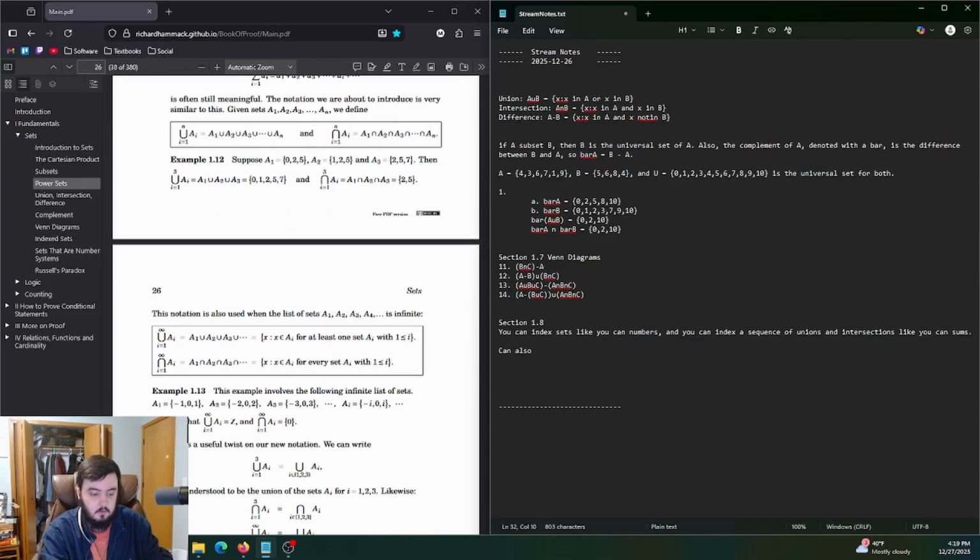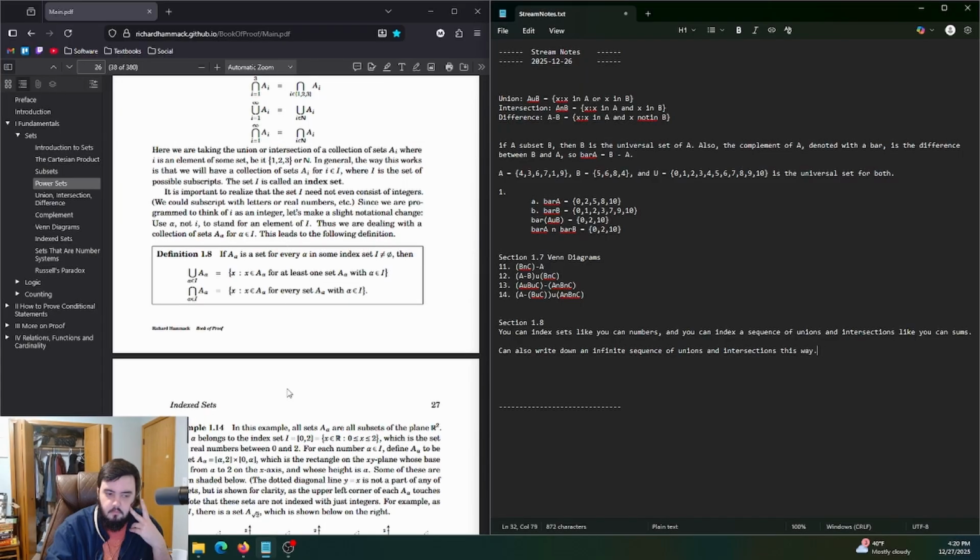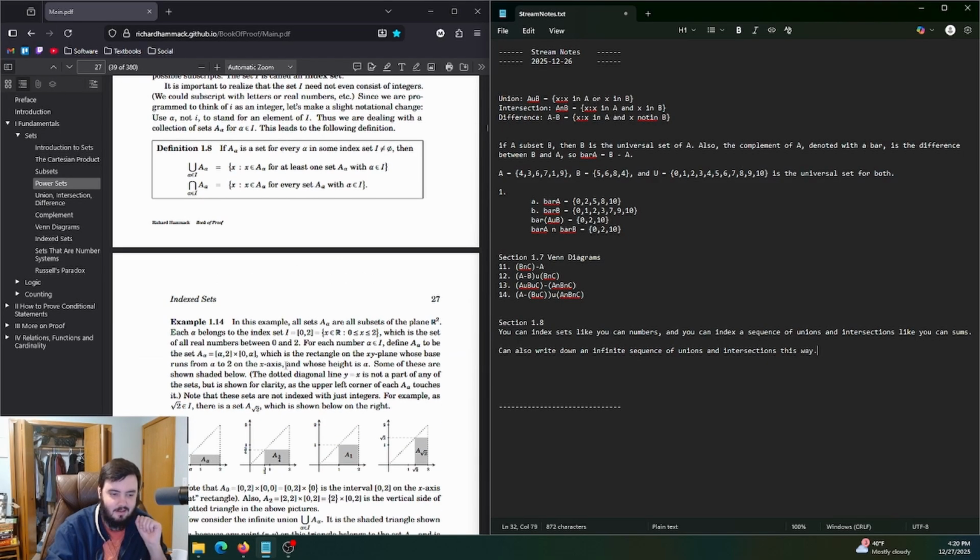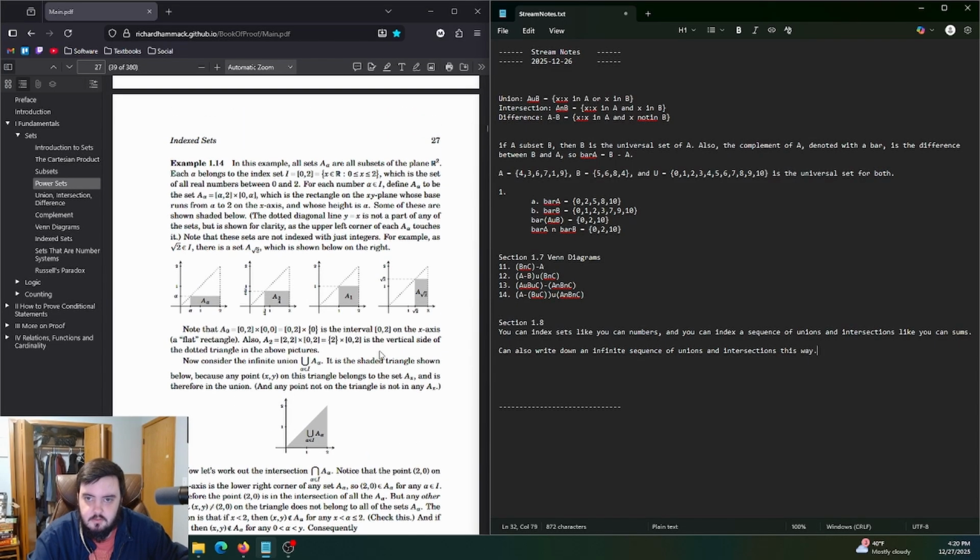You can also write down an infinite sequence of unions and intersections this way. Lovely. Now we're getting to a point where the notepad is restricting. We definitely will need to use LaTeX eventually, even for just notes and problems, because it's just not feasible to do it on Notepad here.